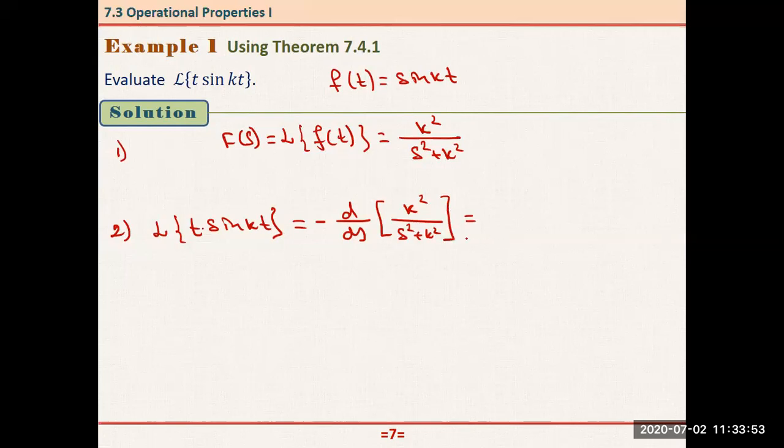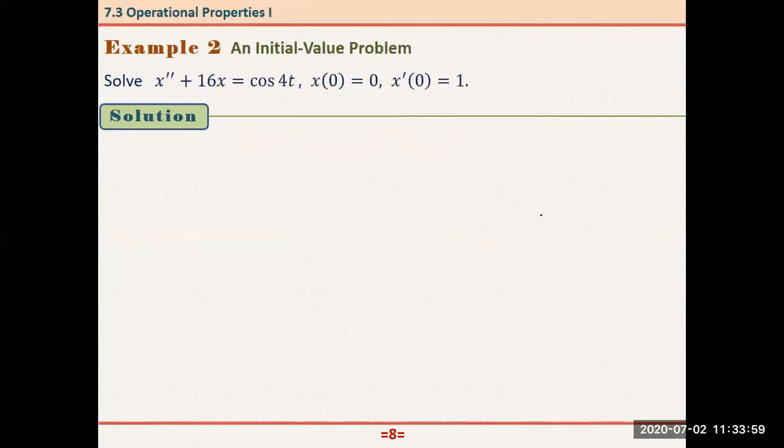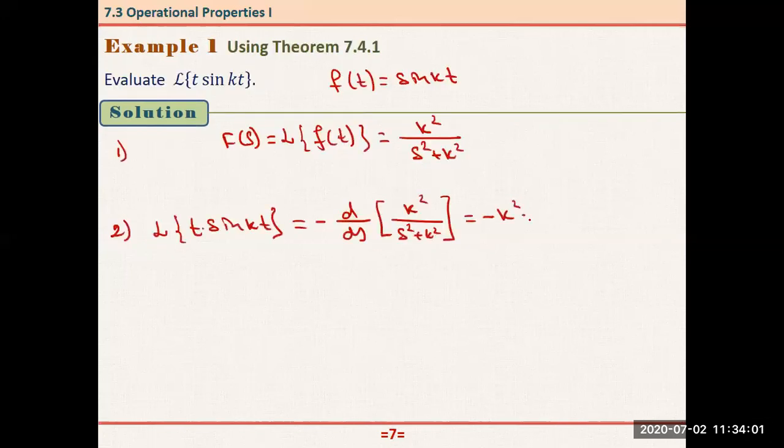So we now have to evaluate this, right? That thing is minus k squared. Here we have to differentiate this. How can I differentiate this? Here we have s squared plus k squared to the power -1, and I have to differentiate this.